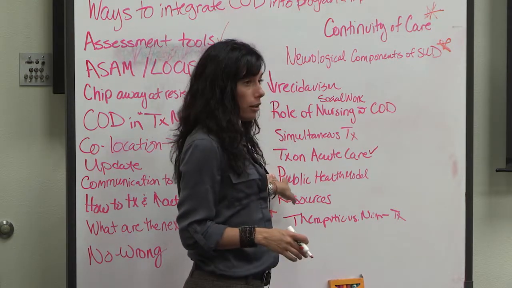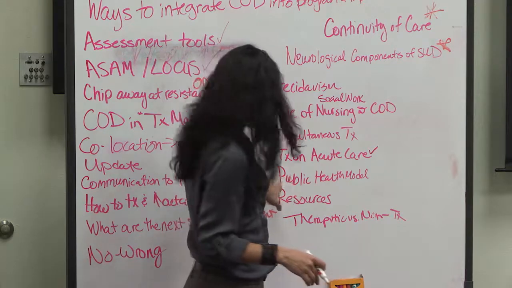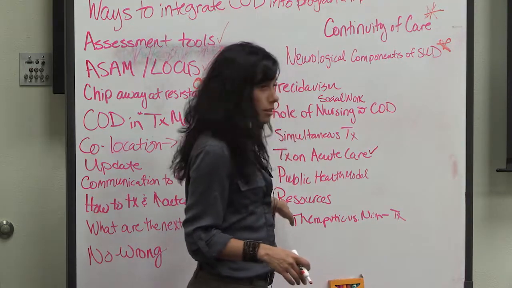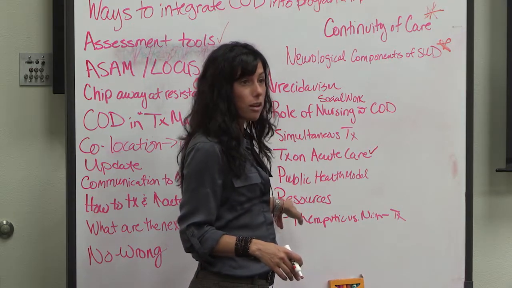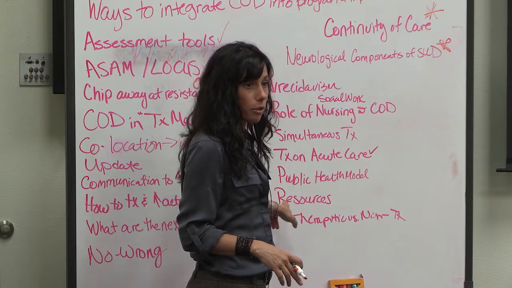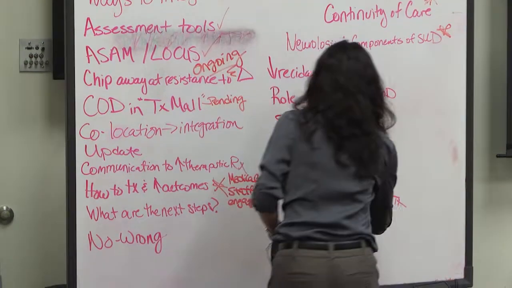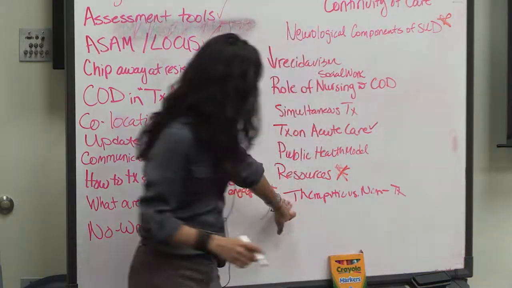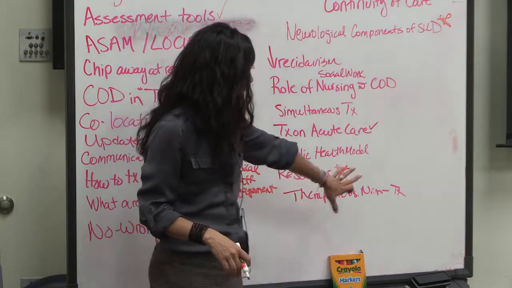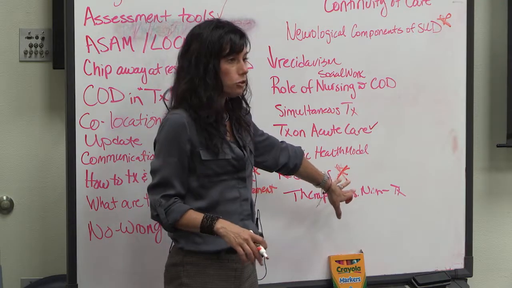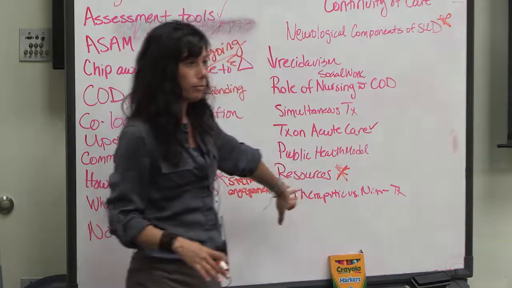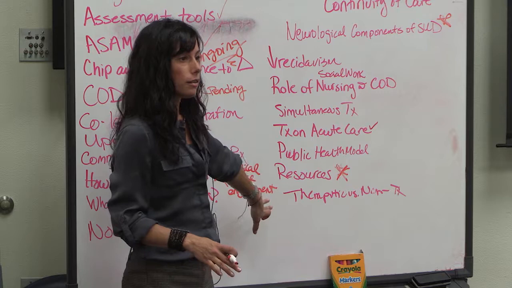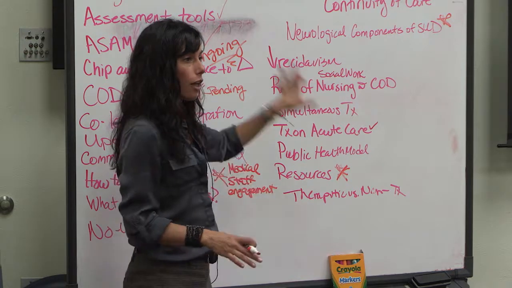The public health model, we spent a pretty good amount of time on that. Resources, didn't really talk too much about the resources that are available in the community. Okay, and then the difference between therapeutic and non-treatment. I wasn't really sure what that meant, but overall, how did we do?